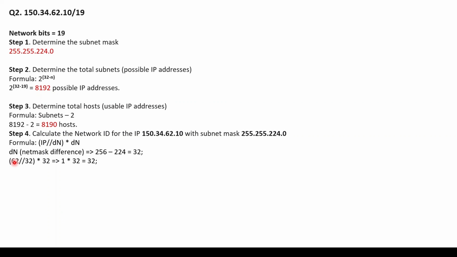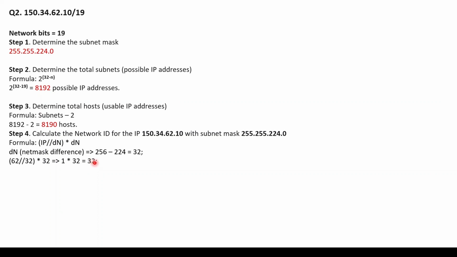Then we multiply it by delta n, which is 32, because the formula is integer division multiplied by delta n. So we have 1 times 32, which is 32, and that is the network ID value.